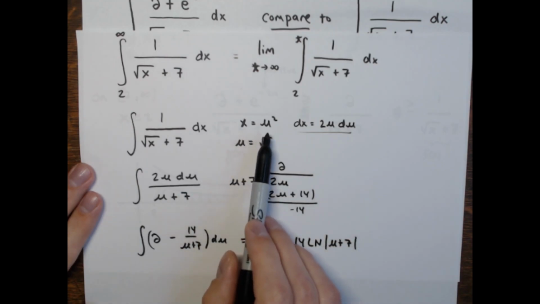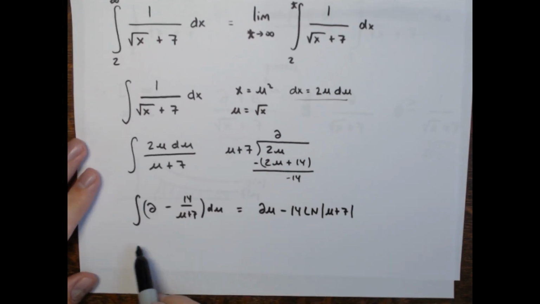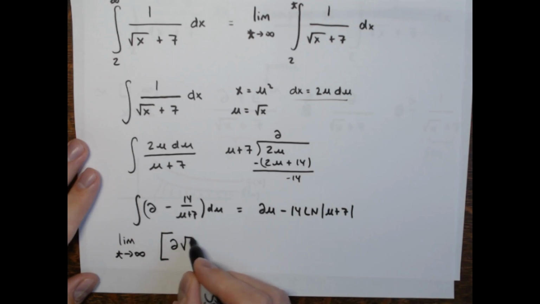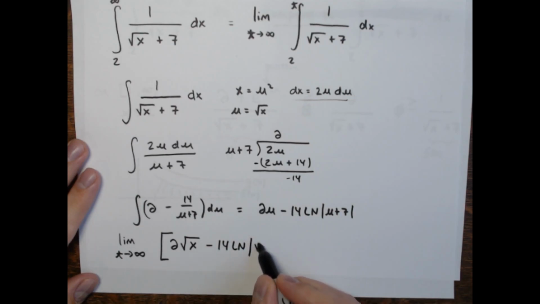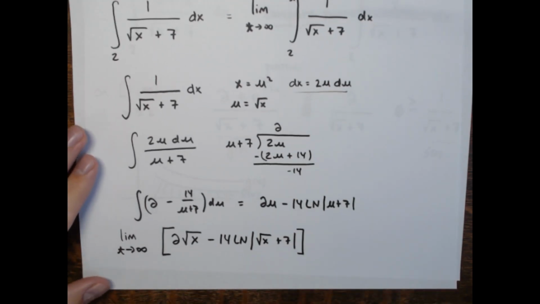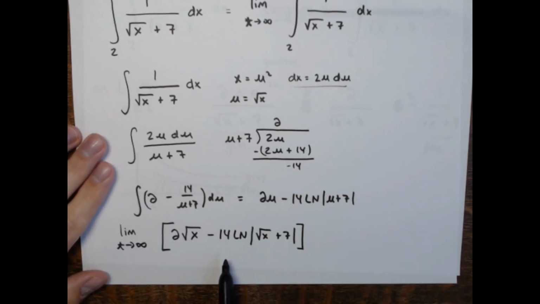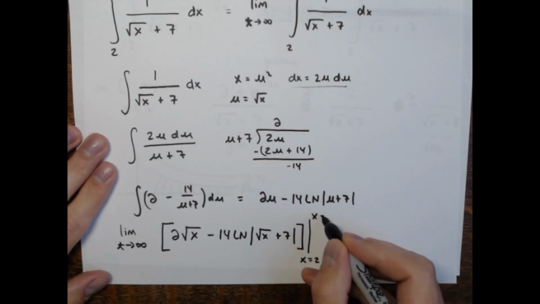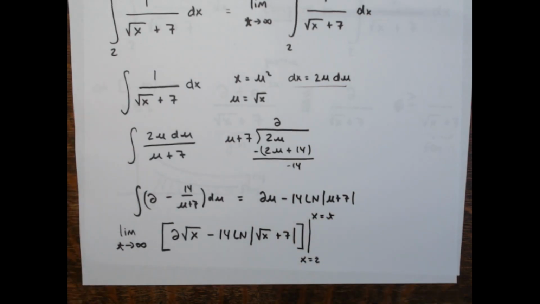Then I'll go back, and what was u? u was the square root of x. So this is the limit as t approaches infinity of 2 times the square root of x minus 14 times the natural log of the absolute value of the square root of x plus 7, going from x equals 2 to x equals t. So let's put that in.